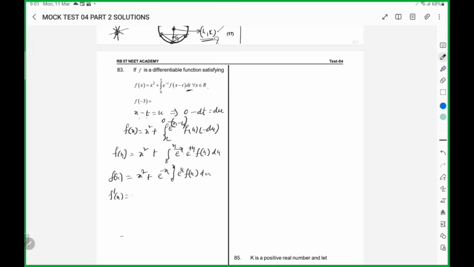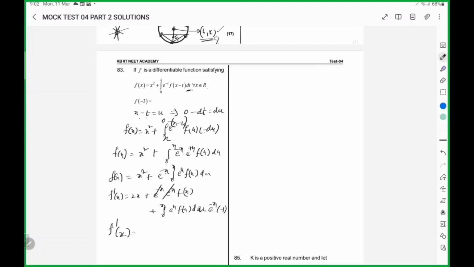f dash x here is x derivative 1, e power minus x into minus 1.